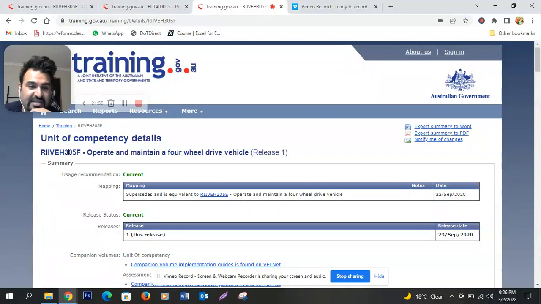Okay, so the unit is RIIVEH305F, operate and maintain a four-wheel drive vehicle. So a very general sort of title. Now, what we want to do is, the first thing I told you before, always look whether it is current or not. So I go over there on the TGA website, I look for it and I say, hey, that's current, that's fine.